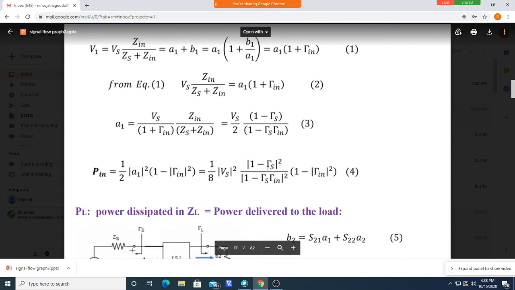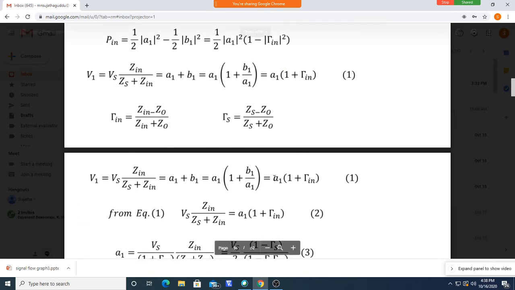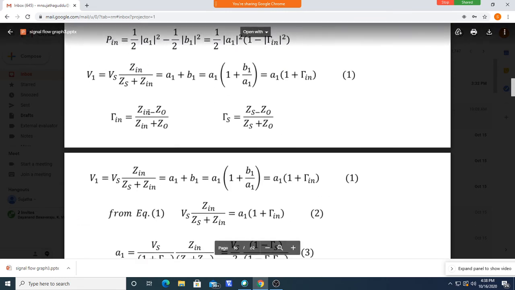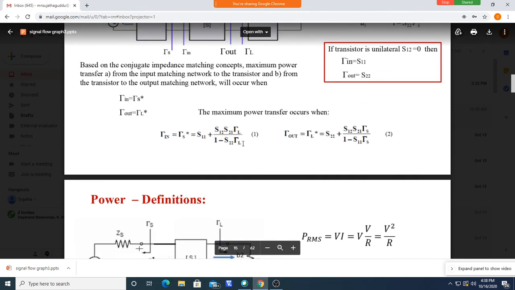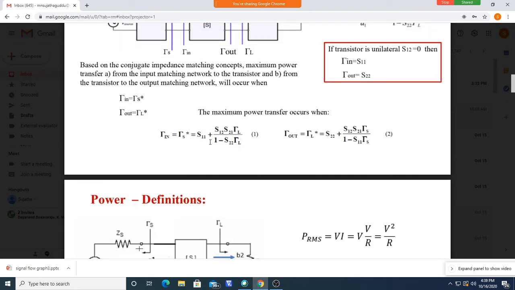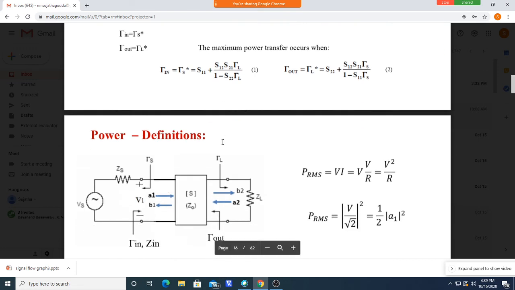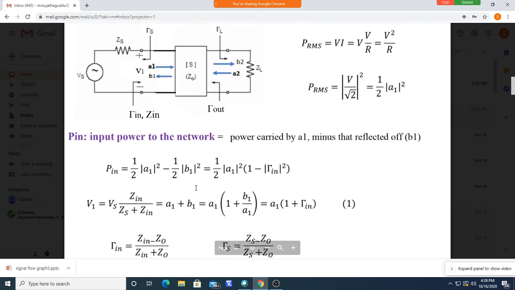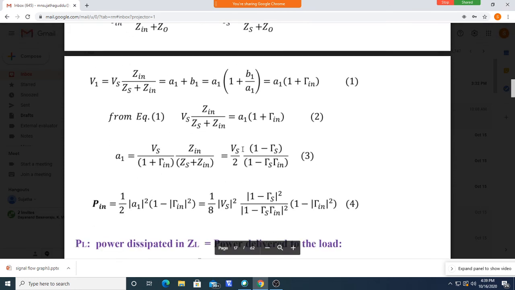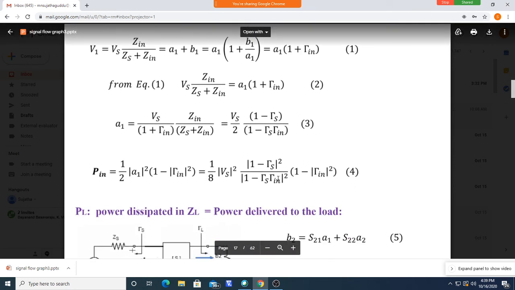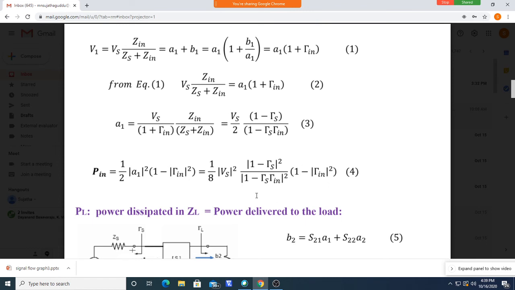And Γin. Usually we do not know Γin or Zin. That's why you should use this equation, because these S parameters will be provided for the network. Using these S parameters, you should calculate the value of Γin and substitute it here.